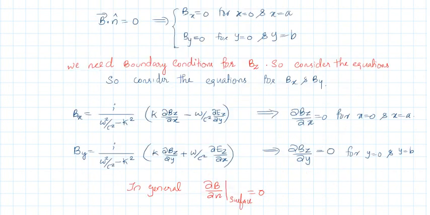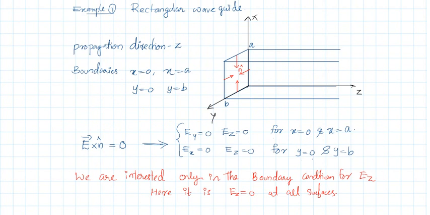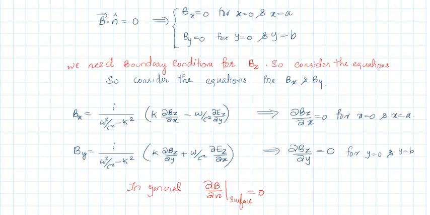Now, the second boundary condition, B dot n cap equal to 0, becomes, for x equal to 0, this yz plane, what is the n cap direction? It is the x cap direction. So I can write Bx is 0.